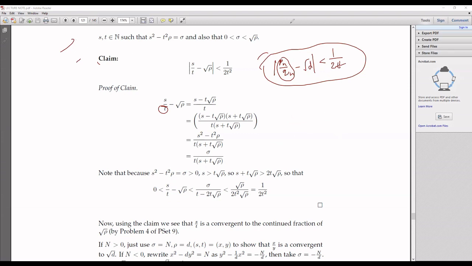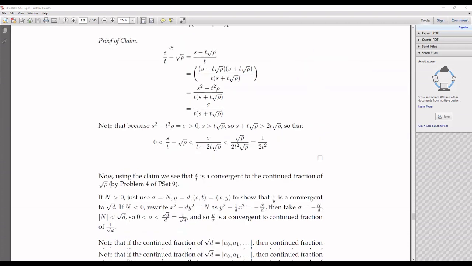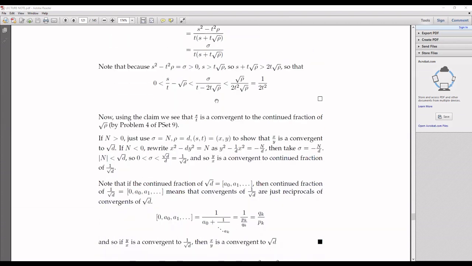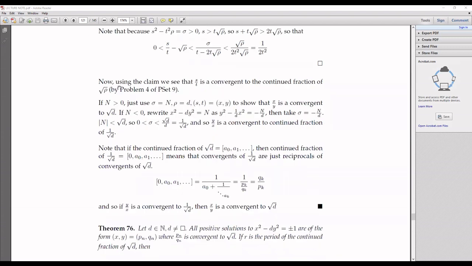If t is not any of the Qn, then we can find at least one value of n so that t lies in between two consecutive Qn's. And considering this will produce a contradiction, and that would lead to us that S by t has to be a convergent, has to be Pn by Qn for some n, which will complete our proof. Now using the claim, as they are saying here, we can see that S by t is a convergent.